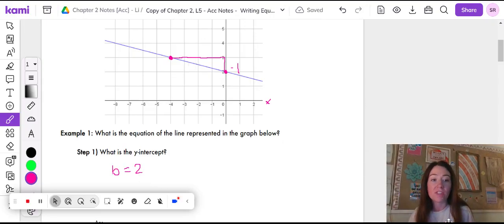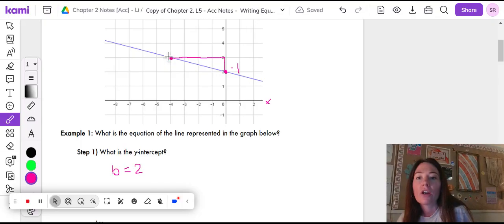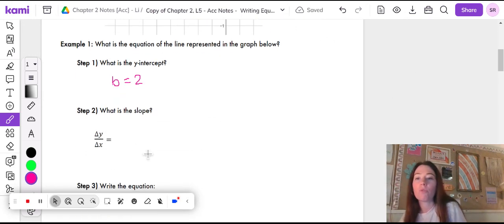I should know that this has a negative slope because you read a graph from left to right, and from left to right, this line is going down. Okay. And then let's look at our run. We went to the right 1, 2, 3, 4. So -1 over +4 would be my slope, which is just -1/4.